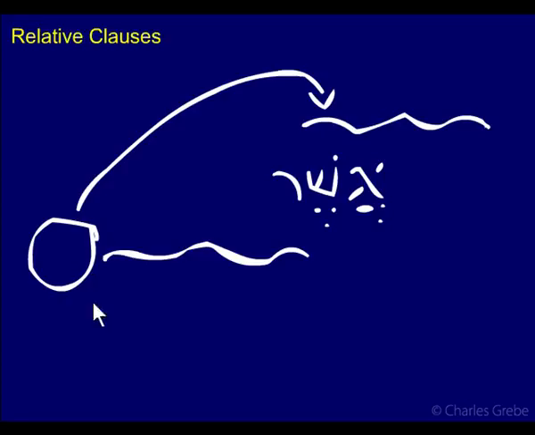And this element is either a pronoun or an adverb, and they're called resumptive pronouns and resumptive adverbs because they resume the flow of thought back up here at the main sentence.